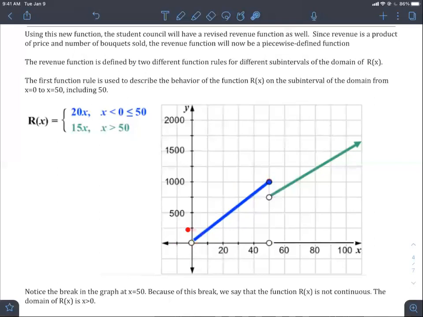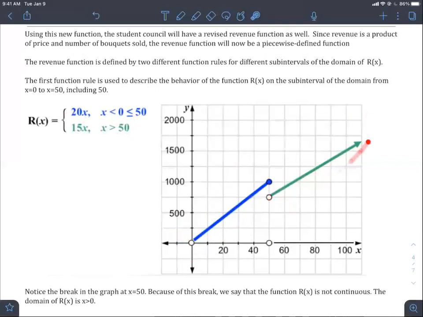You'll notice that we have an open circle at 0 because 0 is not included, but we have a filled in circle at 50 for our blue $20 equation because 50 is included in the domain of the first part of this equation. We then have another dot at 50, but this has an open circle because at 50, the 50th bouquet is still going to cost $20. But every bouquet after the 50th bouquet is now going to cost only $15.